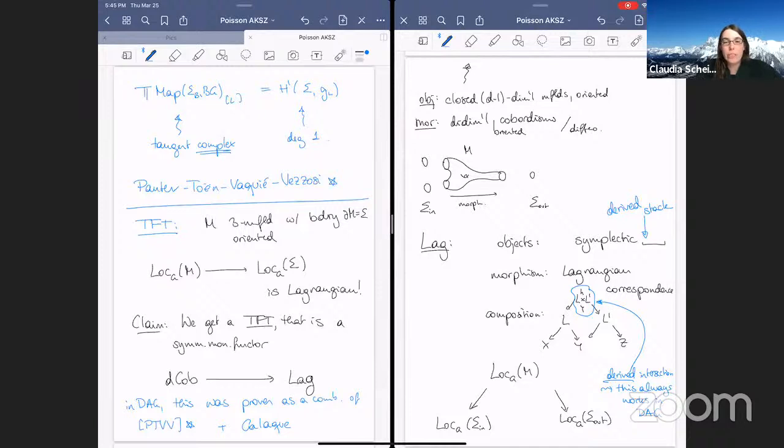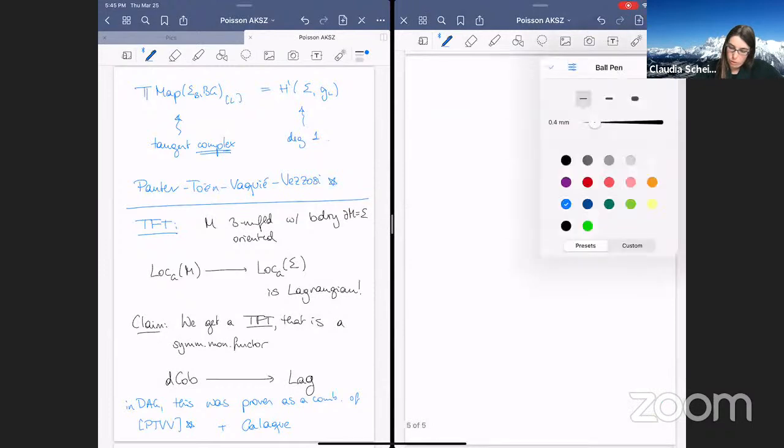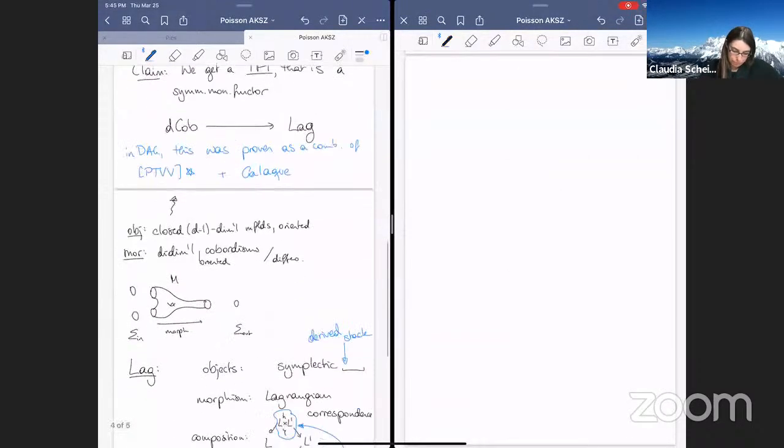The third ingredient in the talk now is fully extended topological field theory. So the thing is that cobordisms are very pretty.